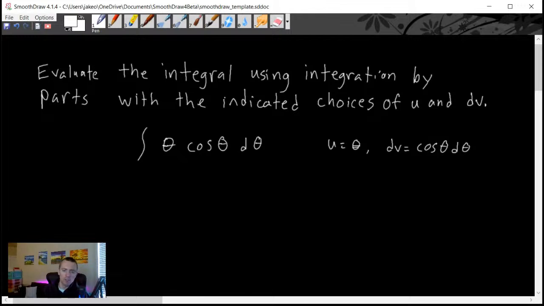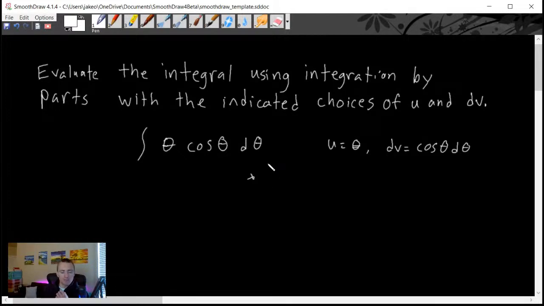Just a quick note about these integration by parts problems. Really what you're going to be doing is applying the integration by parts formula, first of all, and we'll get to that formula in just a second. But the first step in using that formula is determining which piece of your function is going to be your u and which piece is going to be your dv.